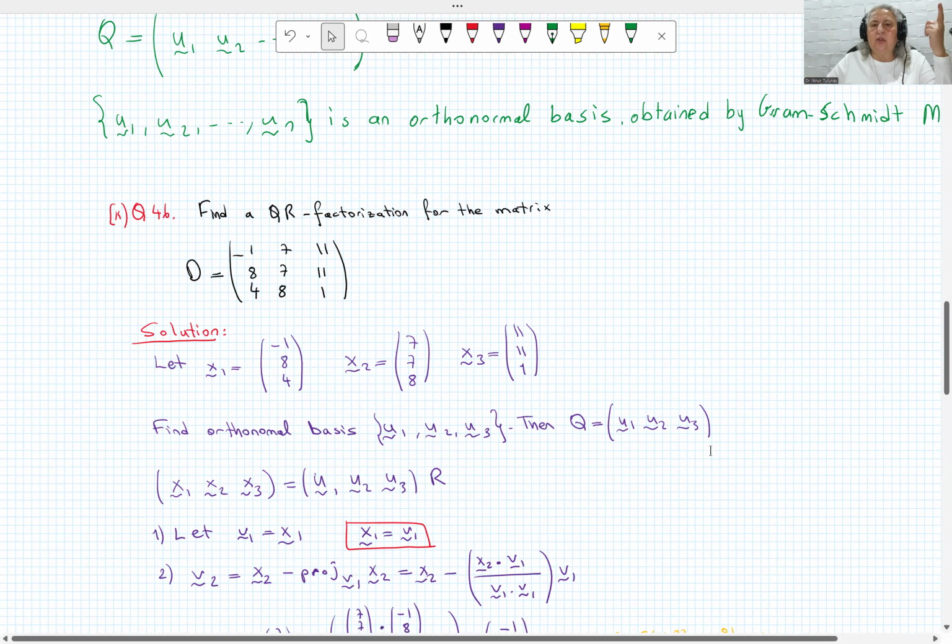The first thing to do is find the orthonormal basis, then we will find the matrix Q by putting those orthonormal basis vectors as columns, and then we will figure out the upper triangular matrix that will give us the QR factorization of this matrix. That's the aim of the game.